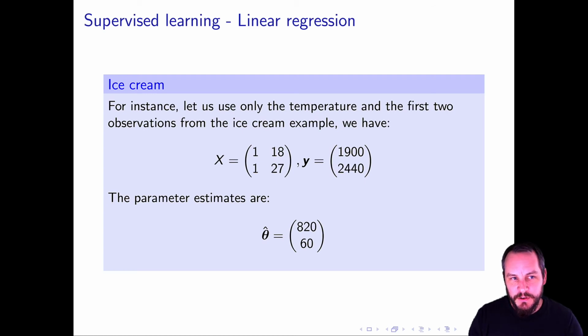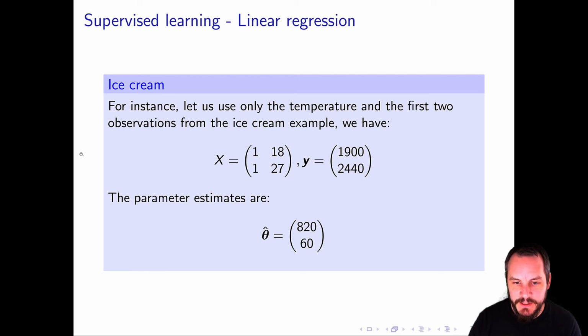This works even though we have a very small data set. For instance, if we have 2 samples for the ice cream data set, with 18 and 27 degrees of temperature, and these are the target values, then we get 2 parameter estimates.